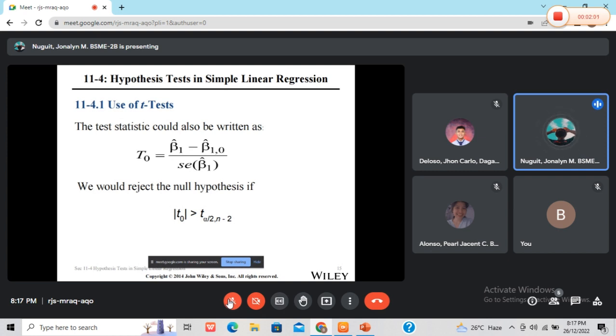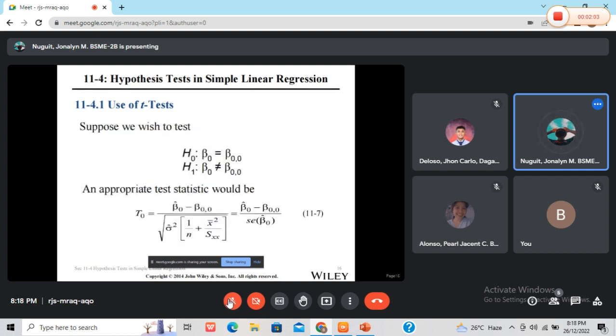Suppose we wish to test H sub 0, which is beta sub 0 is equal to beta sub 0,0, and H sub 1, which is beta sub 0 is not equal to beta sub 0,0.